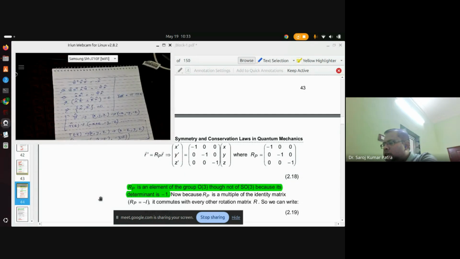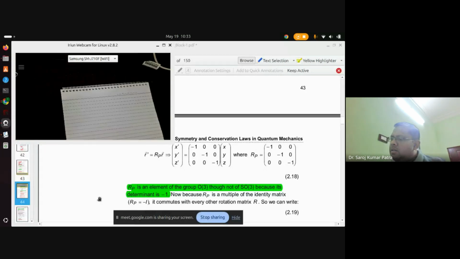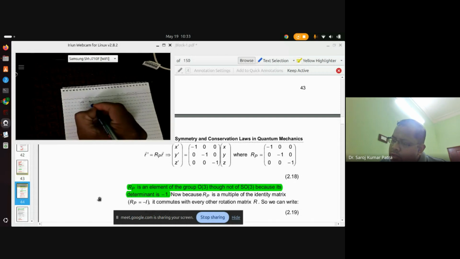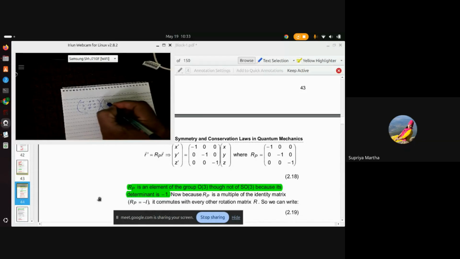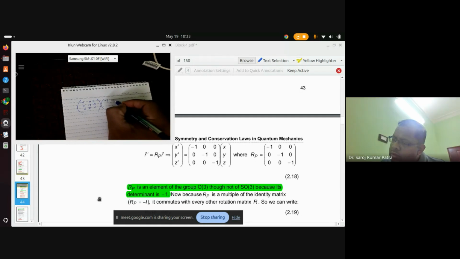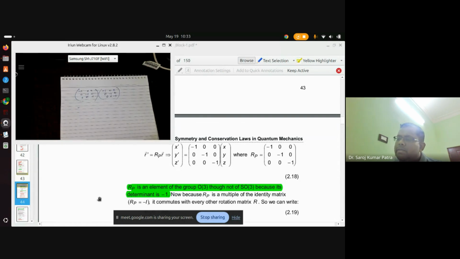So we have minus 1 0 0, 0 minus 1 0, 0 0 minus 1, multiplied by the same matrix again. It is a 3 by 3 matrix. I'm not asking about the determinant, I'm asking about matrix multiplication. So what exactly are you getting?